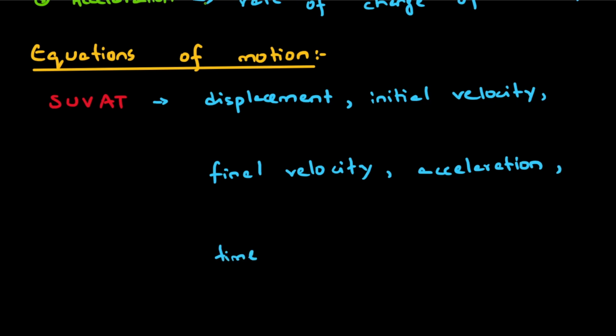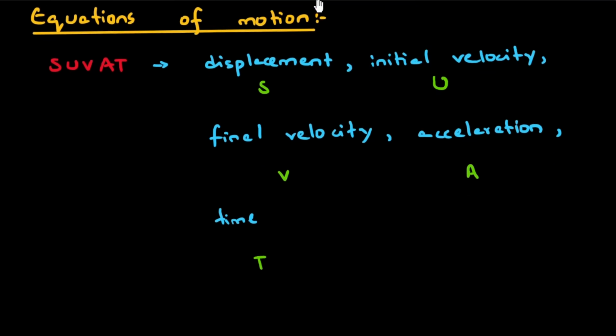In the abbreviation, S represents displacement, U represents initial velocity, V represents final velocity, A represents acceleration, and T represents time.